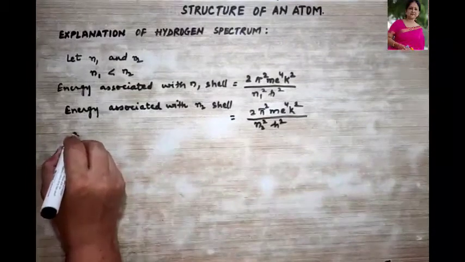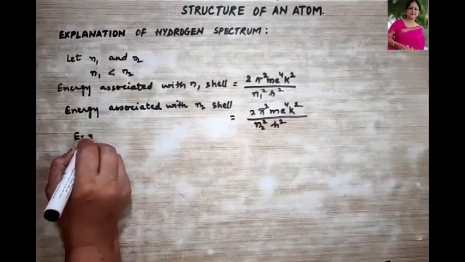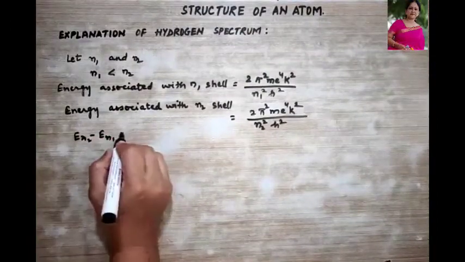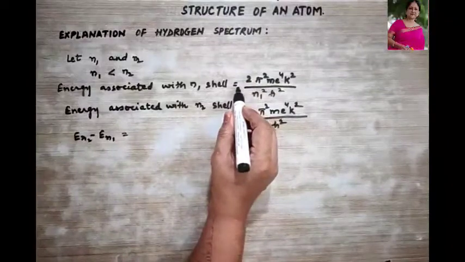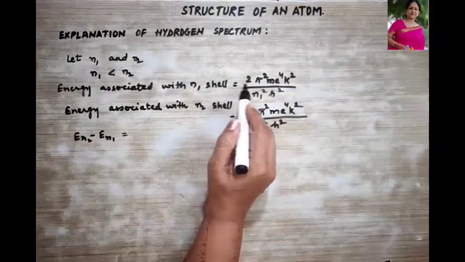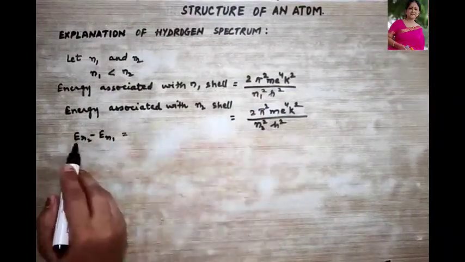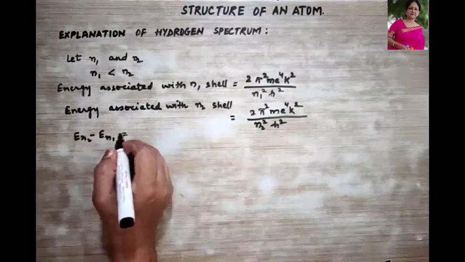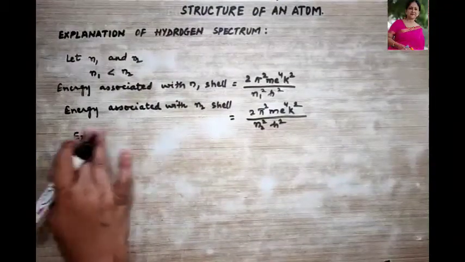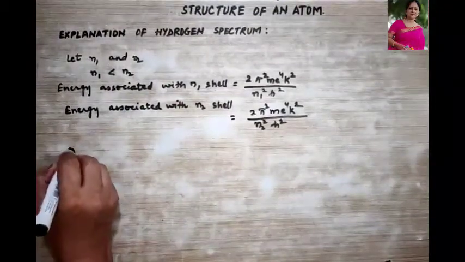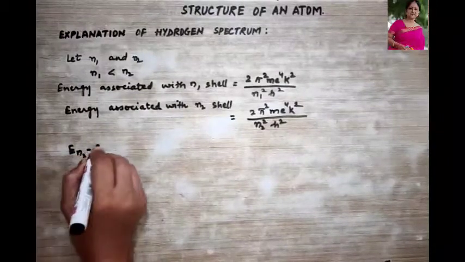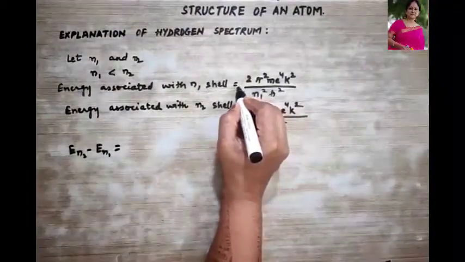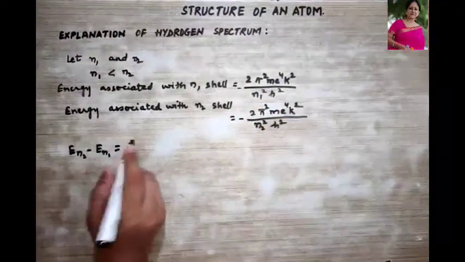Now, En2 minus En1, that was delta E, right? This is En1, this is En2. So what have we to do? We are going to subtract the two. So let me write down over here, En2 minus En1 will be equal to how much? Sorry, here I forgot to write down minus.